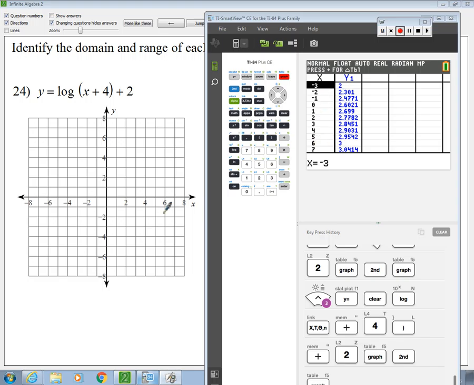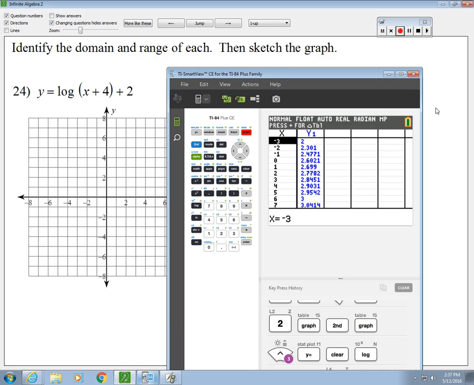And then the next nice one is all the way over at 6, 3, so we'll just plot it. So it looks something like this. Even though your calculator doesn't show it, the graph will continue to approach the asymptote forever. Okay, so doesn't that mean it's going to go down forever?